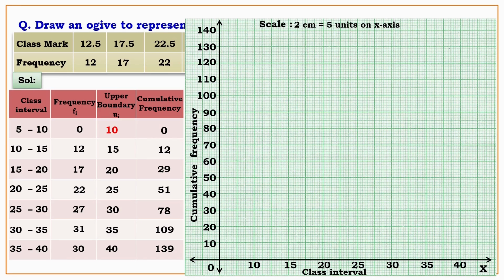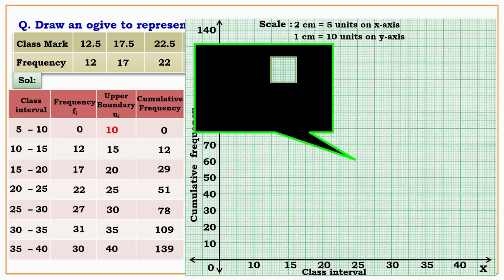Now here the scale we have considered is 2 centimeter equal to 5 units on the x-axis and 1 centimeter equal to 10 units on the y-axis. Now let's plot the points. 1 centimeter is 10 boxes over here.